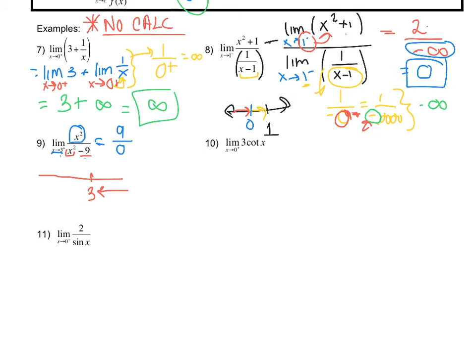When x approaches 3 and I square it, I get 9, and then I subtract 9, so 9 minus 9 brings us to 0, approaching 0 from the right. So we have to think not just about the fact that it's 0 down here, but that it's approaching 0 from the right.